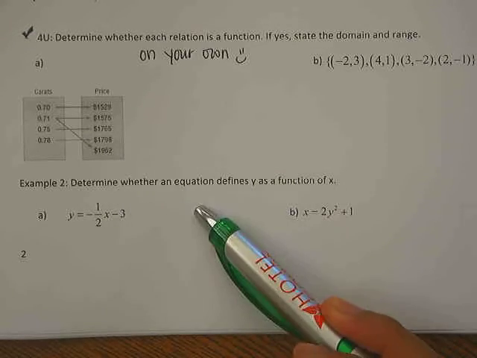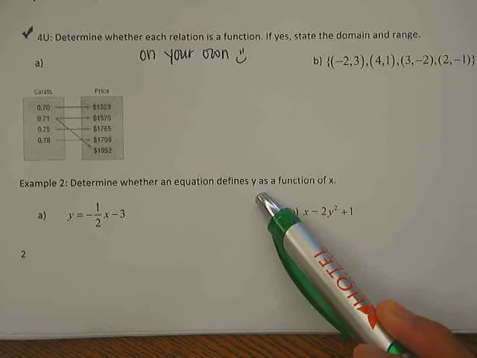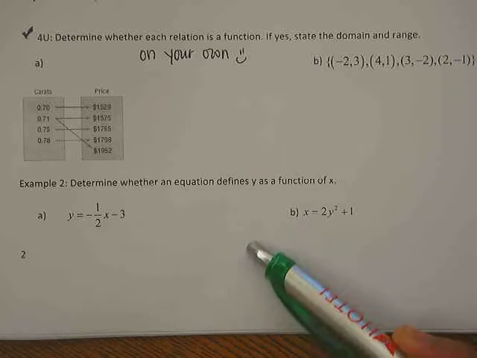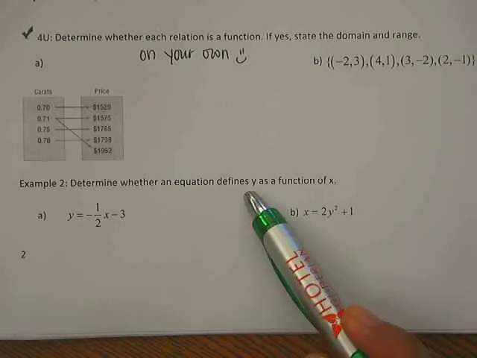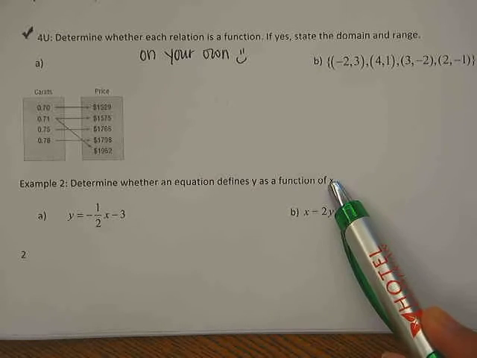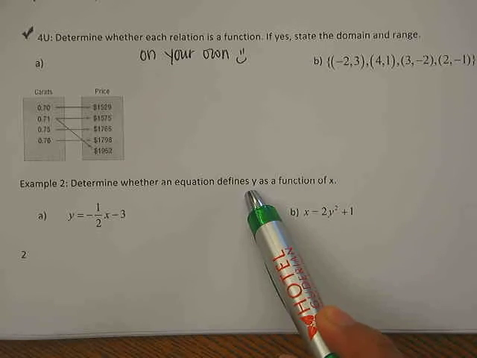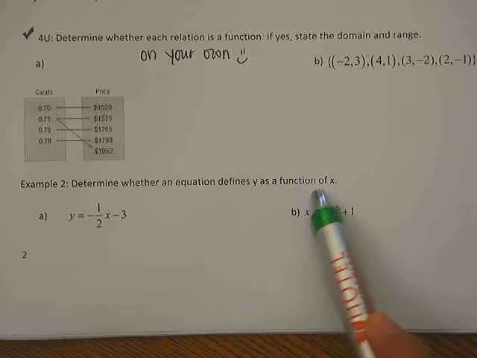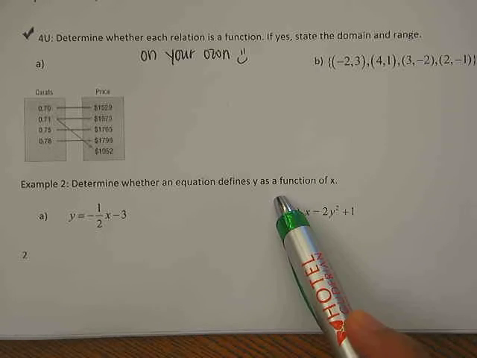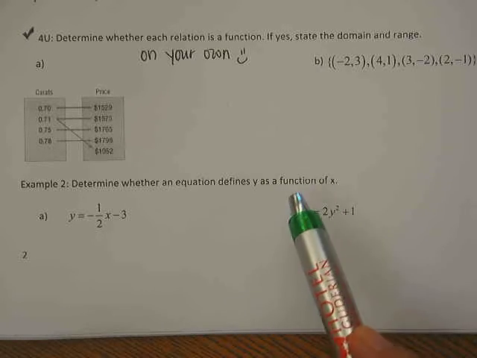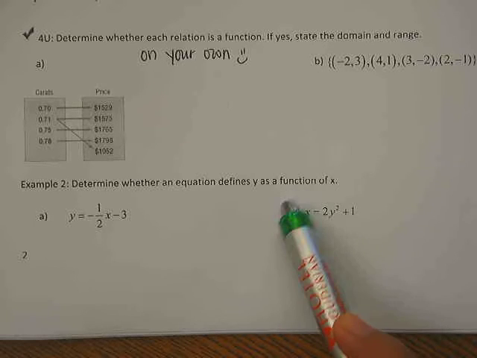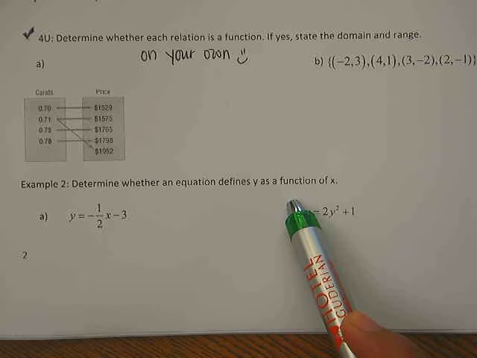Determine whether an equation defines y as a function of x, okay? So that means if y is a function of x, x is your input and y is your output. And remember, the definition of a function, you defined that already: for every input that you have, you can only have one output, okay?